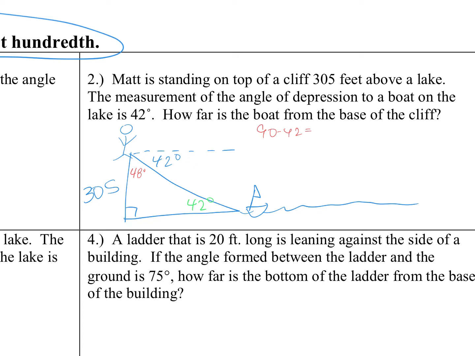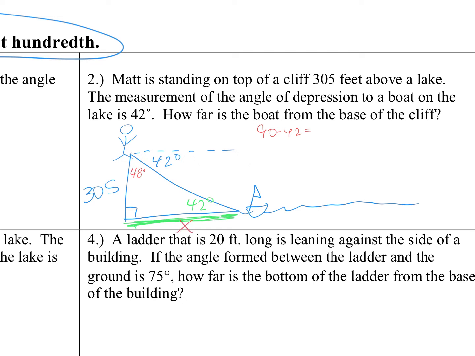On my answer key, I worked them both out using both different angle measurements. You use a different trig function, you get the same answer. But the question is, how far is the boat from the base of the cliff? Guys, where is the base of a cliff? Is it at the top of the cliff or is it at the bottom? So they want to know how far the boat is from here to here. You guys see that? So this is the value that I'm looking for.